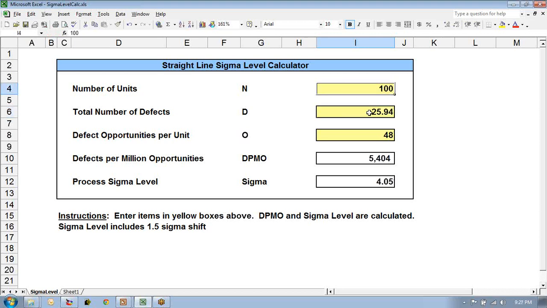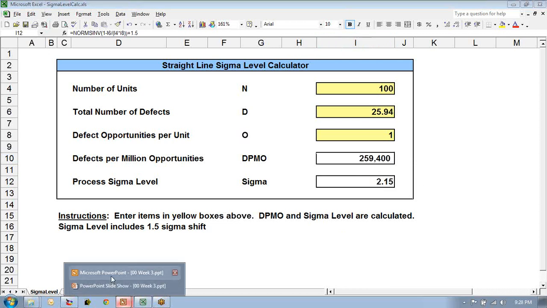So for every 100 you're making 25.94 errors, and there's one opportunity per unit. That's a sigma level of 2.15, which makes sense. If it's a 25% problem out of every million, you're making essentially 250,000 errors. So that translates to a sigma level of 2.15.